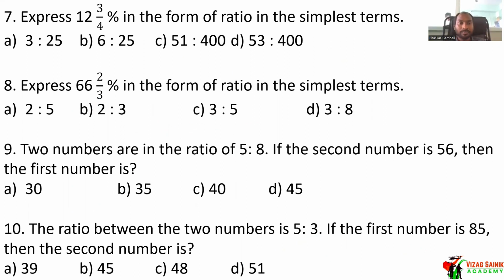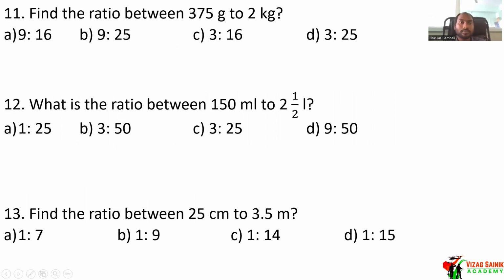Next question. Find the ratio between 375 grams to 2 kgs. I already told you the type, but let me explain. I gave you the example. So look, 375 grams. But this is in 2 kgs. 1 kg is how many grams? 1000 grams.